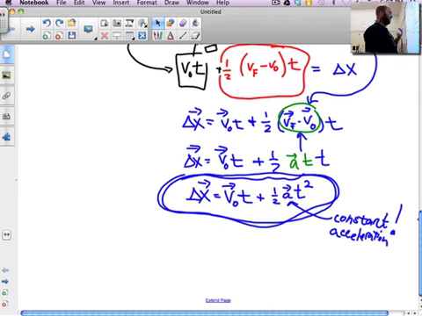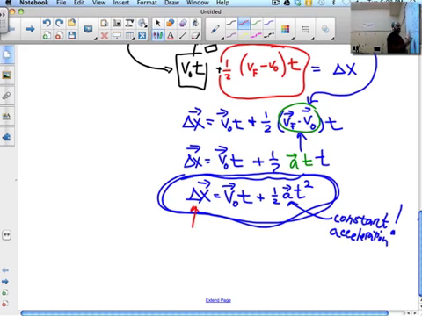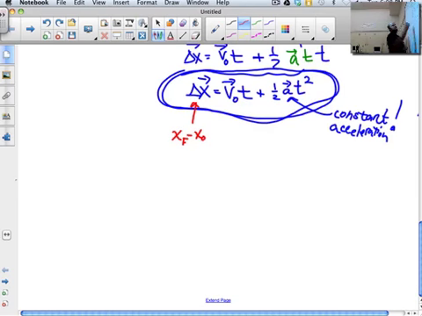Now, if you want your final position, if you happen to know your starting position at 0 seconds, this equation's easy to modify because delta x is final position minus initial position. So if you solve this equation for delta x, you'll get x final equals, now because it's minus x naught, the x naught goes to the other side.